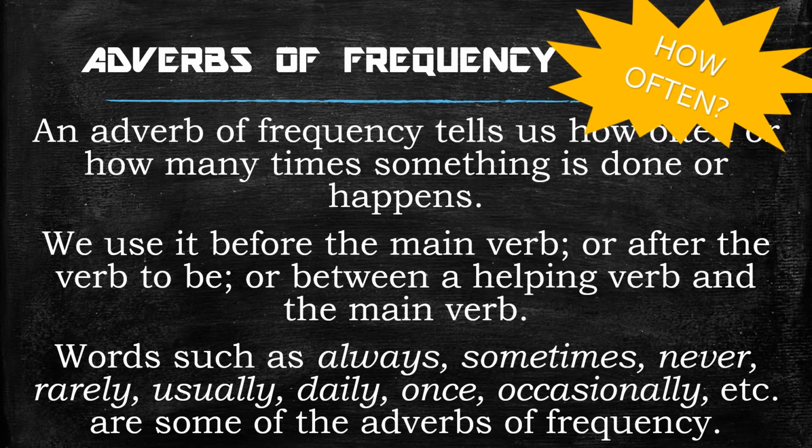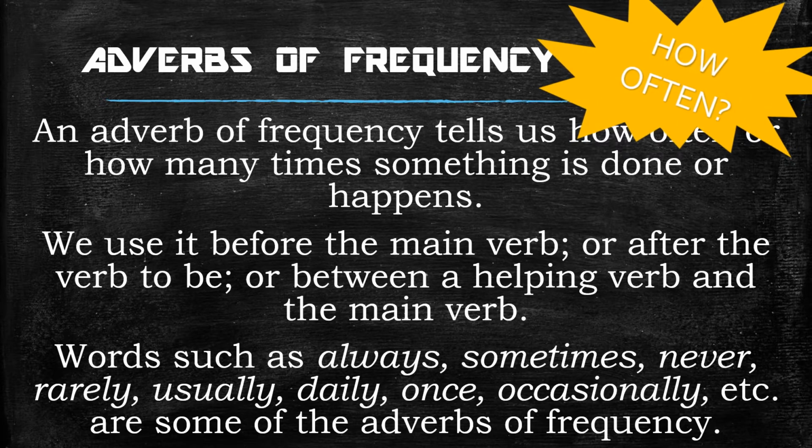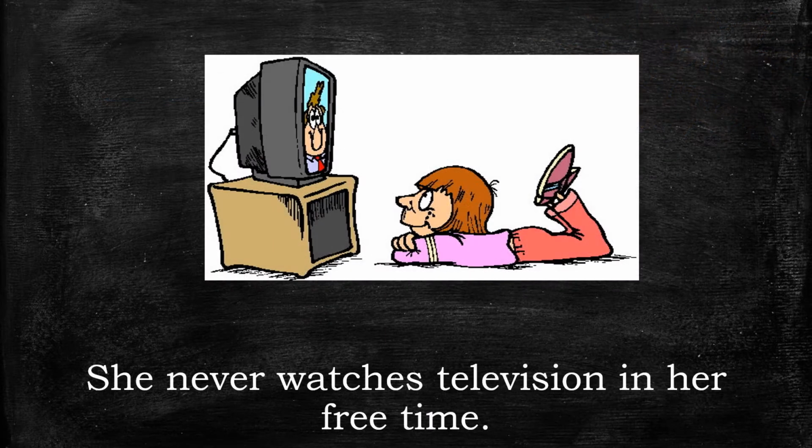Words such as always, sometimes, never, rarely, usually, daily, once, occasionally, etc. are some of the adverbs of frequency. For example, she never watches television in her free time. In this sentence, never is the adverb.